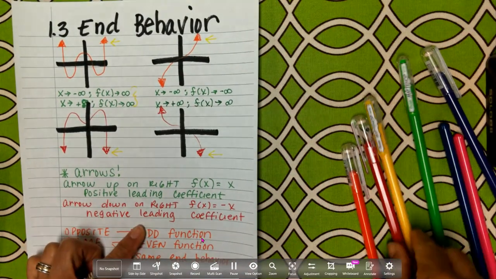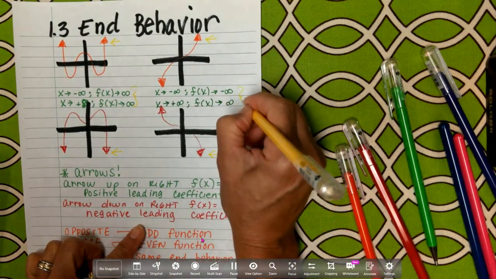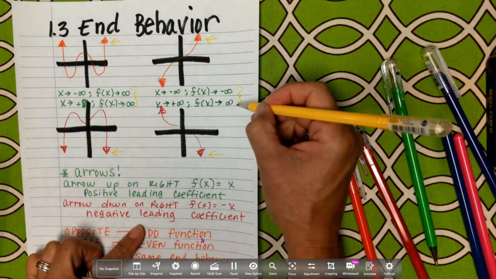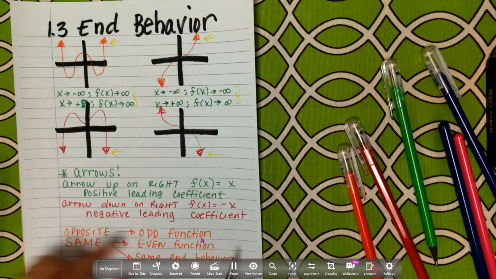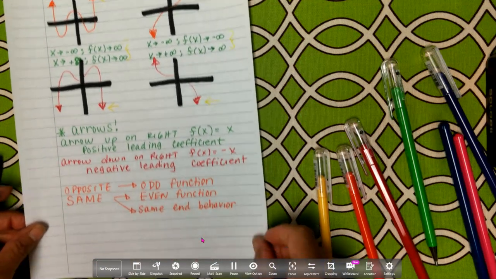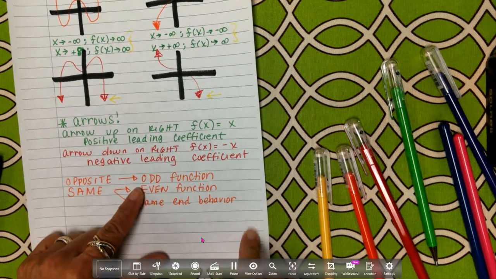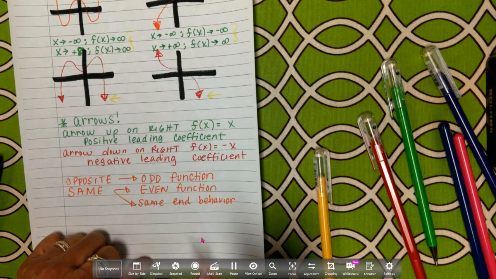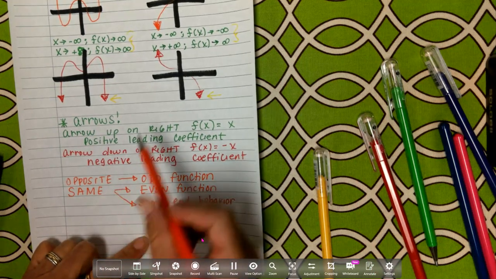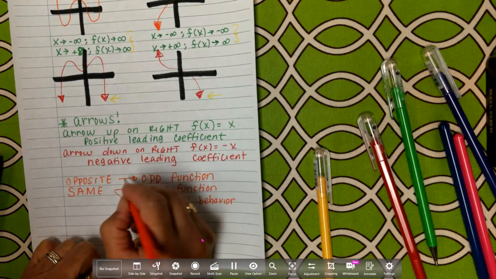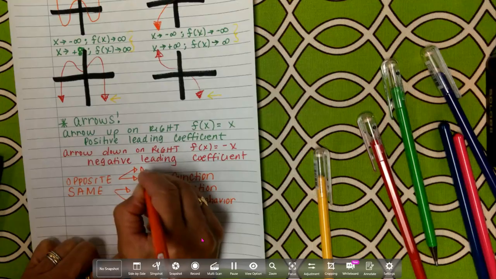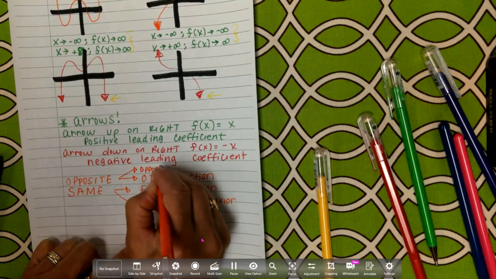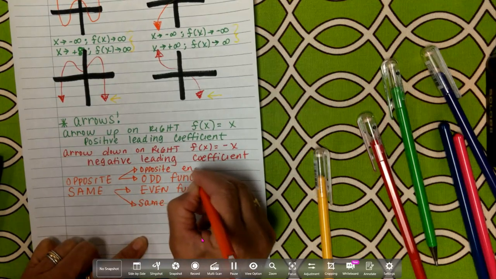If you notice here, these do not match. And if it's an odd function, they never will. So now we get to add more info about this odd function. Opposite arrows are always going to give you opposite end behavior.